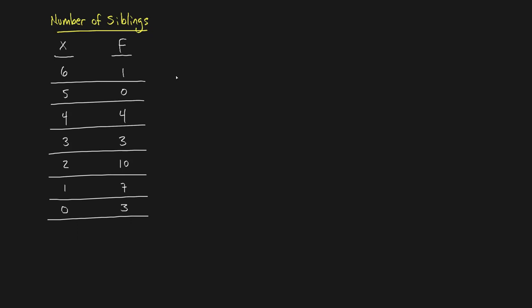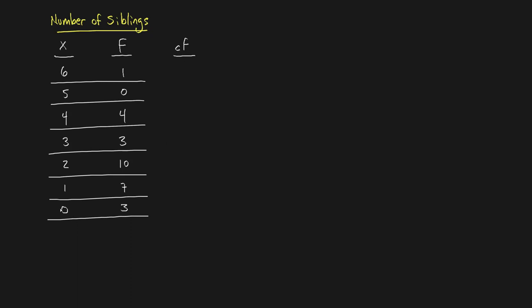In order to create a listing of percentiles and percentile ranks, the first thing we need to look at are what are called cumulative frequencies, which I'm going to represent as a column here, CF for cumulative frequency. Now, cumulative frequency means you're going to accumulate your frequencies starting from your lowest category.